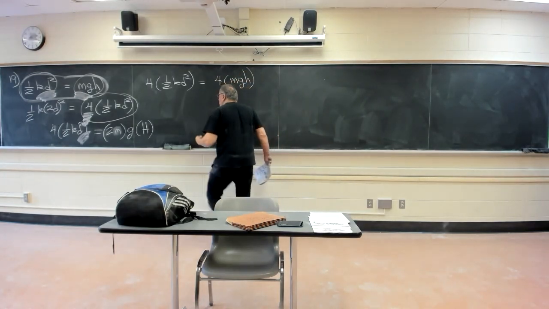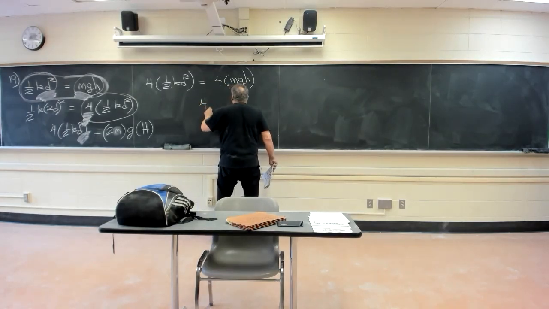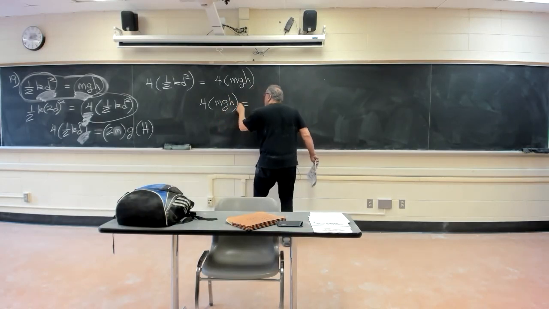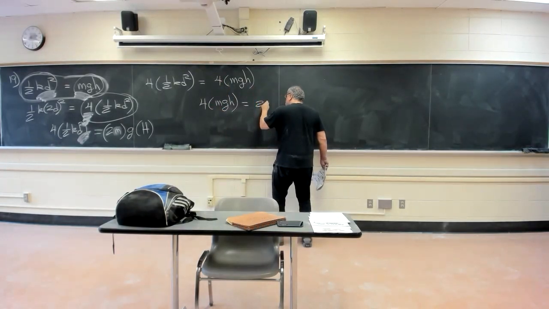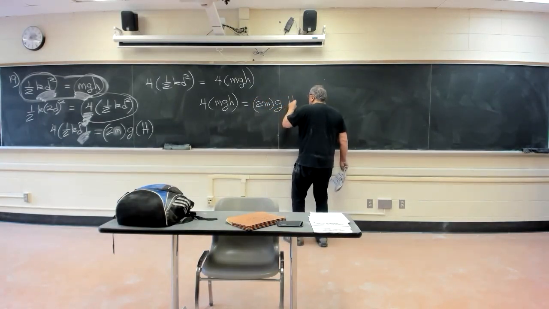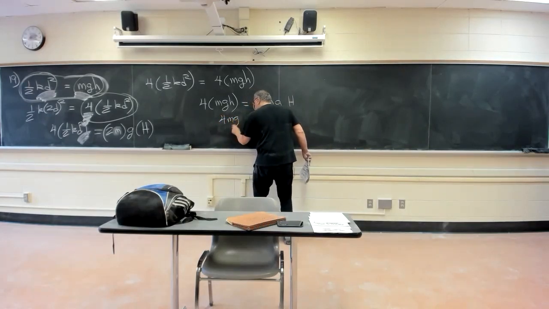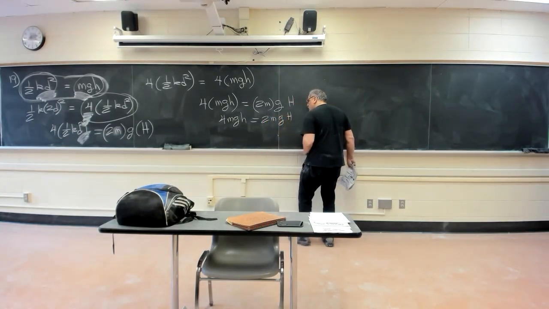Well, sure, if that's the case, this mgh, they're all equal to each other, is going to be equal to 2mg times some H. Well, wait a minute. This is 4mgh. This is 2mgH.